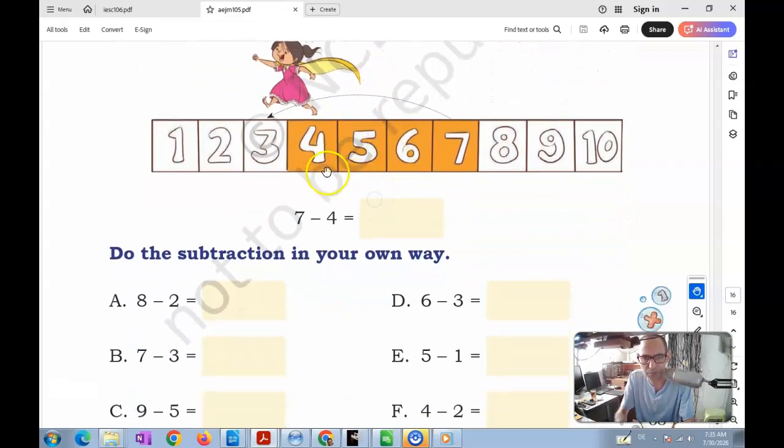Or for example, if you want to say 7 minus 4, you start from 7 on the number line, and then you jump towards the left, because you're subtracting, right? When you see the subtraction sign, you jump towards the left. If you see the addition sign, you jump towards the right.